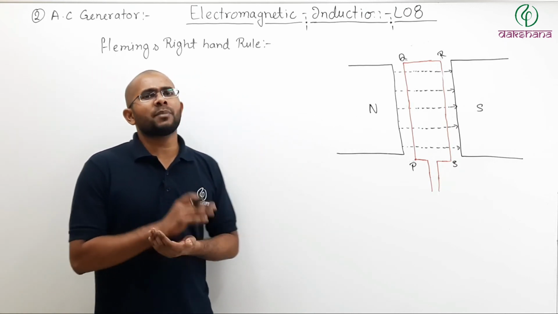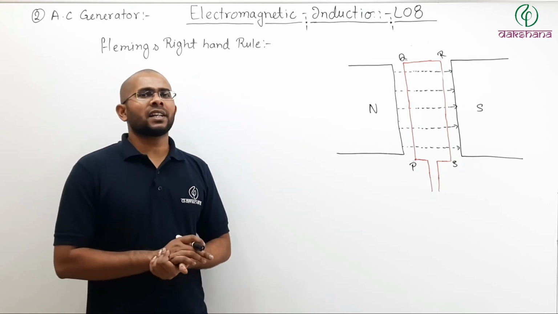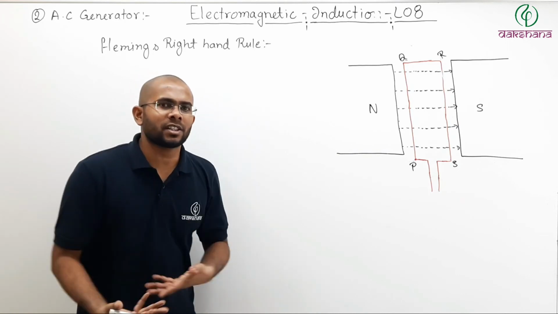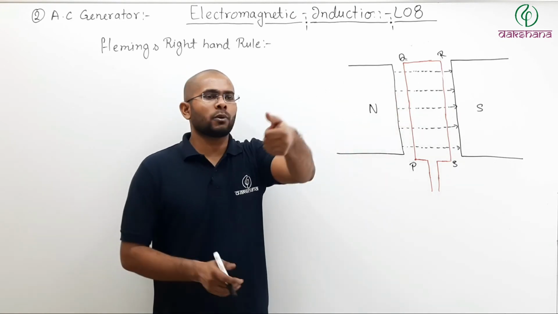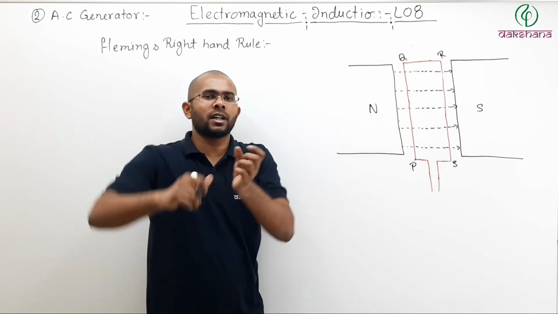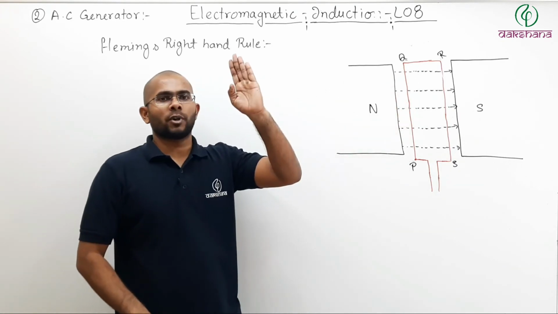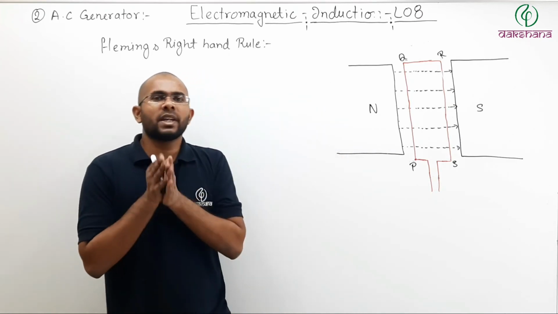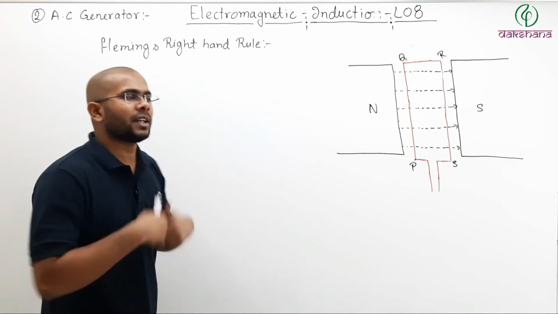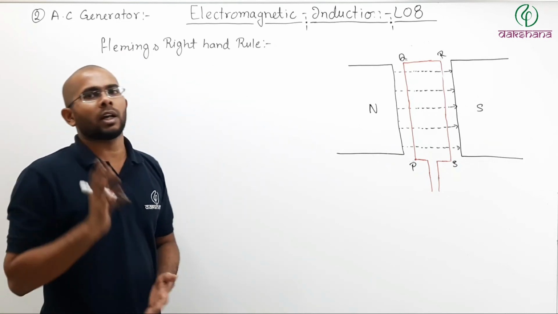But if you really pay attention, Fleming's right hand rule is nothing but a derivation of the method we have already studied. Velocity is in outward direction, force will be inward, downward, so current will be upward. V cross B, minus is there because it is electron.